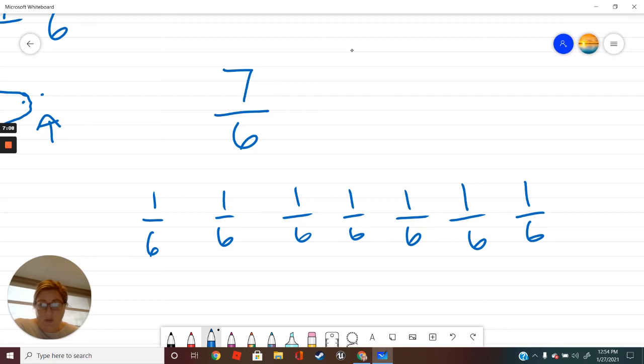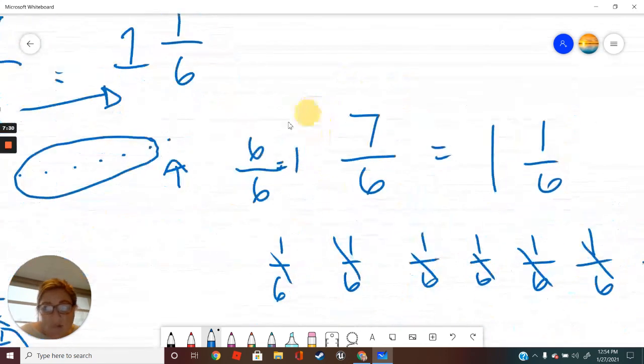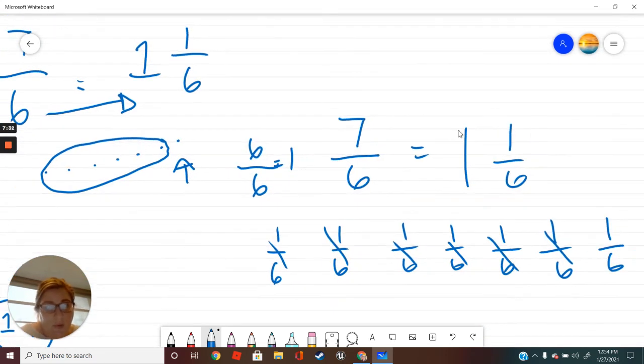Well, we reach the number 1 by having 6/6 because that equals 1 whole, right? So I can count these up, 1, 2, 3, 4, 5, 6. I have 1 whole because that's 6/6, with how much left over? 1/6. So same idea, same premise, two different ways, whatever's easiest for your brain.